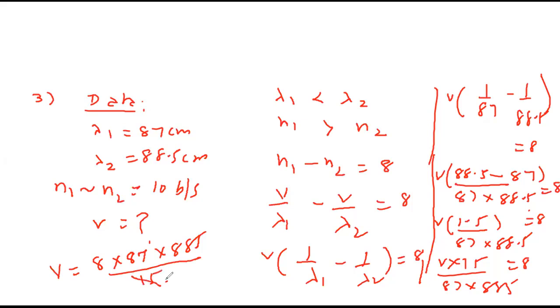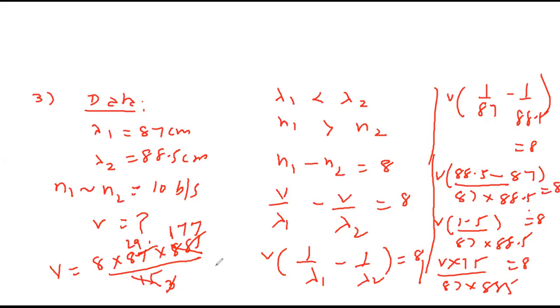5 into 3 is 15. 5 into 1 is 5, remainder 3, 38. 5 sevens are 35, remainder 3, 70. 5 sevens are 35. 3 into 29. Now 8 into 29 into 177. I am doing it by calculator.